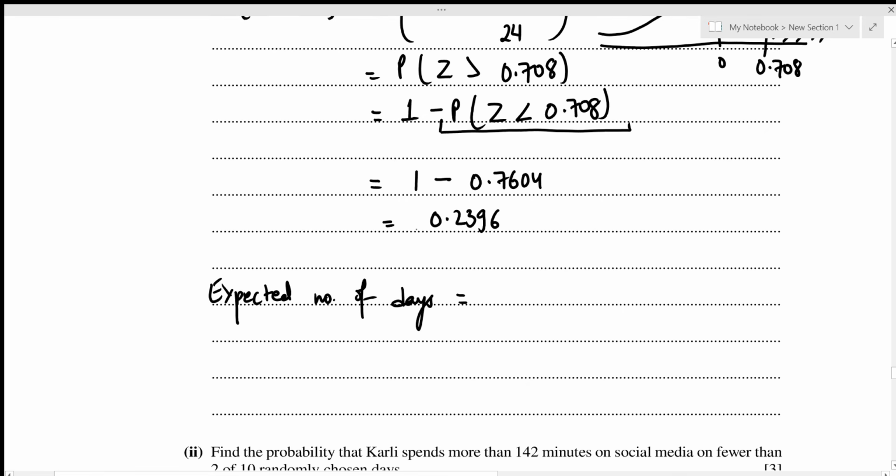So we know that this probability denotes the expected number of days out of one day, but we're looking at the expected number of days out of 365 days, which means that we're just going to multiply this probability with the total number of sample, that is 365 days, into 0.2396, because this is the probability that gives when Carly is to spend more than 142 minutes on social media each day. This gives the number of days at 87.454. So this can be rounded off to 87 or 88.